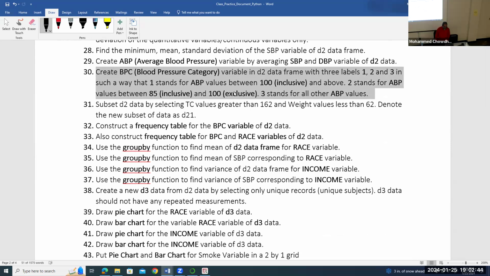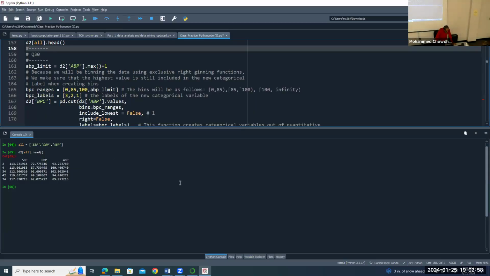How can I create it? It will have level 1 when the ABP value is 100 and above, so here category 1. 85 and below 100 is category 2. By using this continuous or quantitative variable, I want to create a categorical variable.